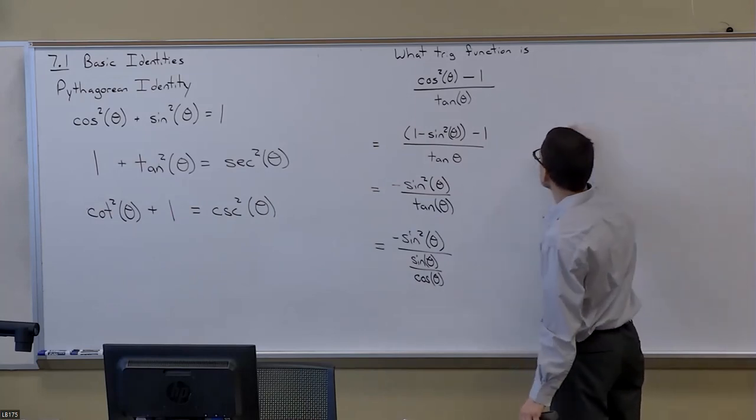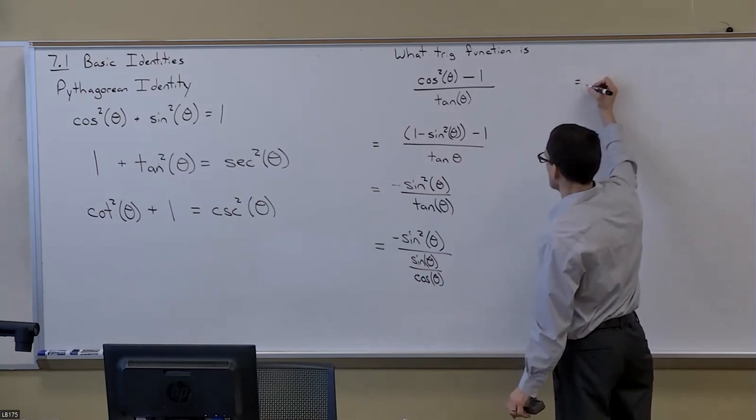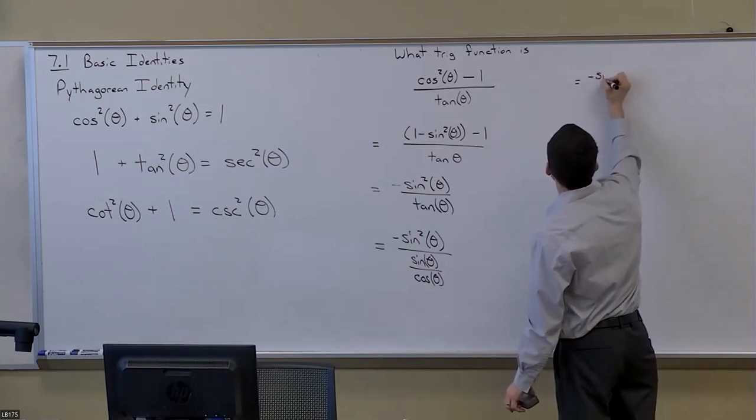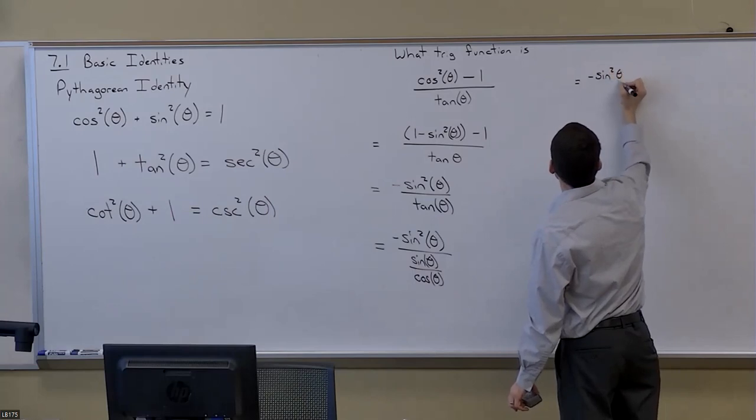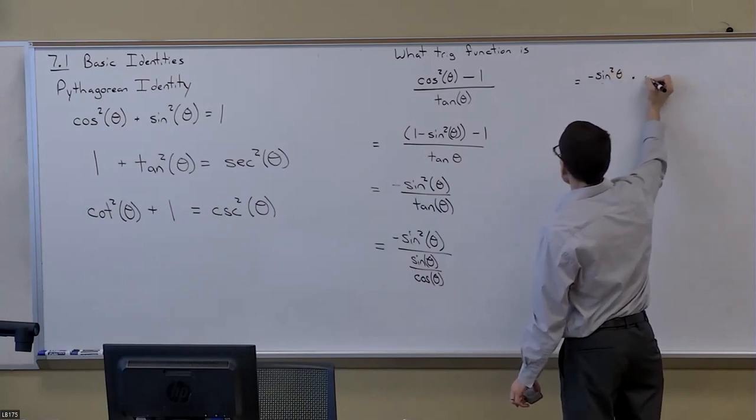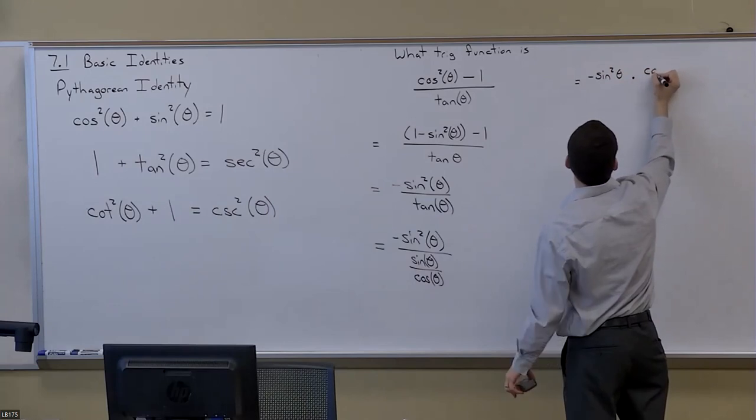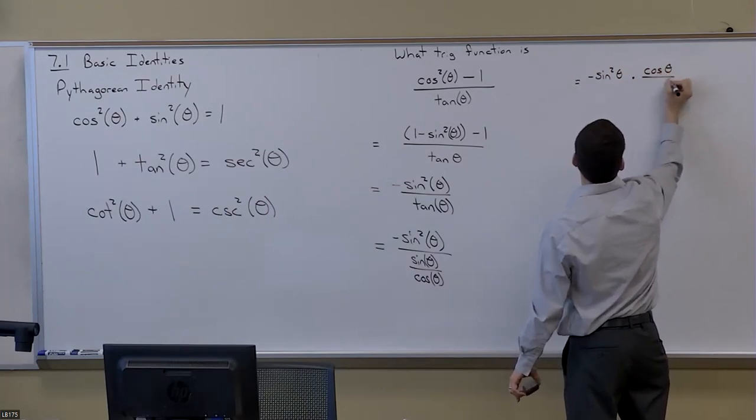But anyways, so this is equal to negative sine squared. And then I'll multiply by the reciprocal, so multiply by cosine over sine.